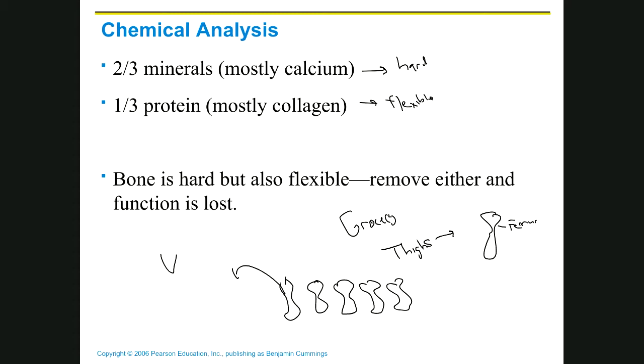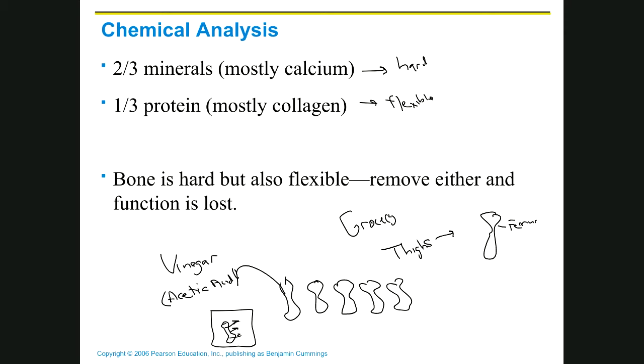And so vinegar has acetic acid in it. And what the acetic acid is going to do is it's going to leach out or pull out all of the minerals. In other words, if you put it in a jar full of vinegar, what's going to happen to that bone is the calcium and the minerals are going to come out into the acid.